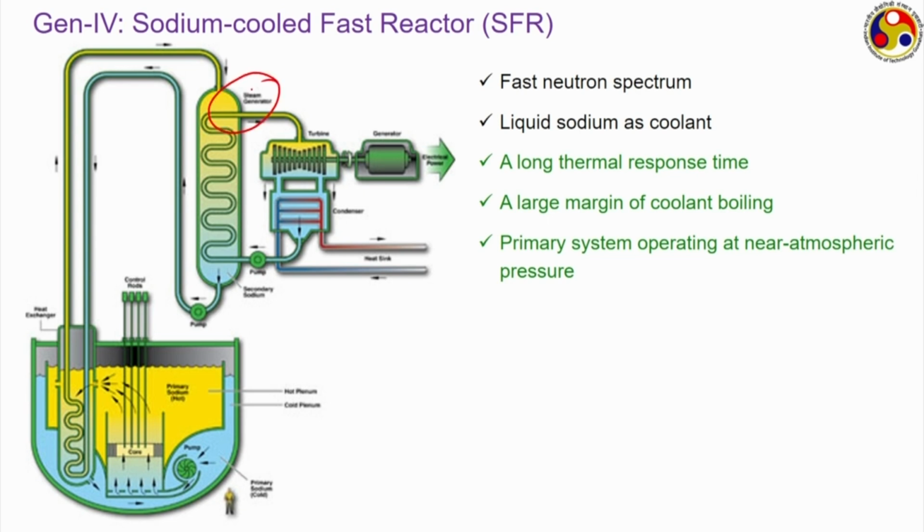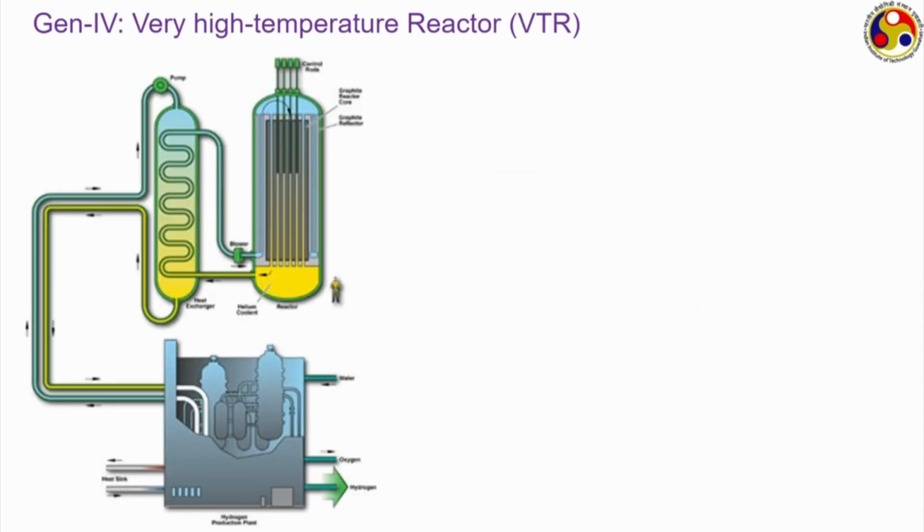Here we have a steam generator where this liquid sodium transfers the heat to water, thereby raising steam, and that steam is taken to the turbine, condenser, and then again comes back, just a normal Rankine cycle. Its thermal efficiency is very high, of the range of 40%, which is very high compared to common present day generation 2 reactors or even most of the generation 3 reactors.